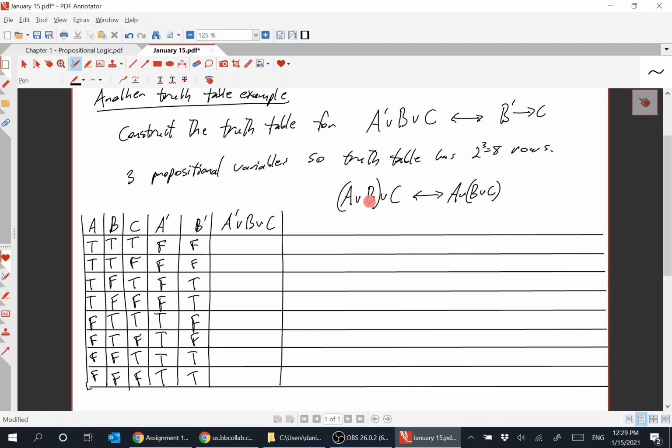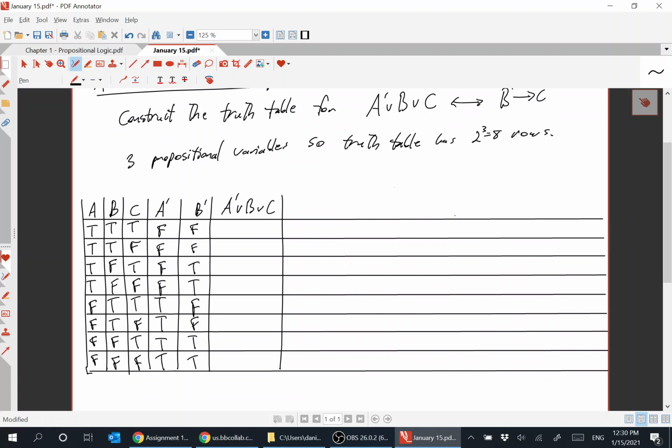You can do A or B first and then the disjunction with C, or B or C first and then the disjunction with A, but they're logically equivalent to each other. So in a sense, you don't need to specify in what order they happen, just like with addition and multiplication, they're associative operations.